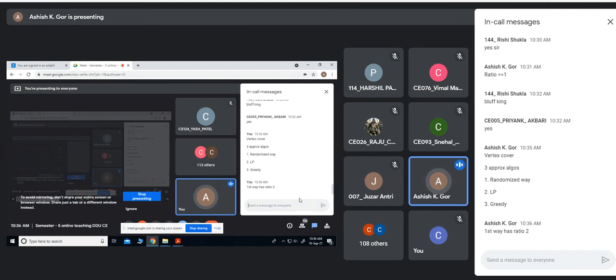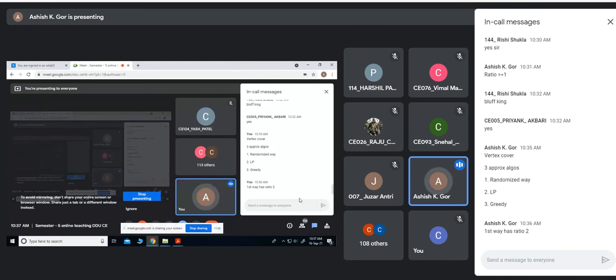Greedy does not have a ratio of 2 in some examples. So it's not that just one algorithm is possible for an approximation algorithm. There could be many ways to write an approximation algorithm for the same problem, and they have different ratios. Then we can compare and find the better one. The randomized one will be a very good one for vertex cover.